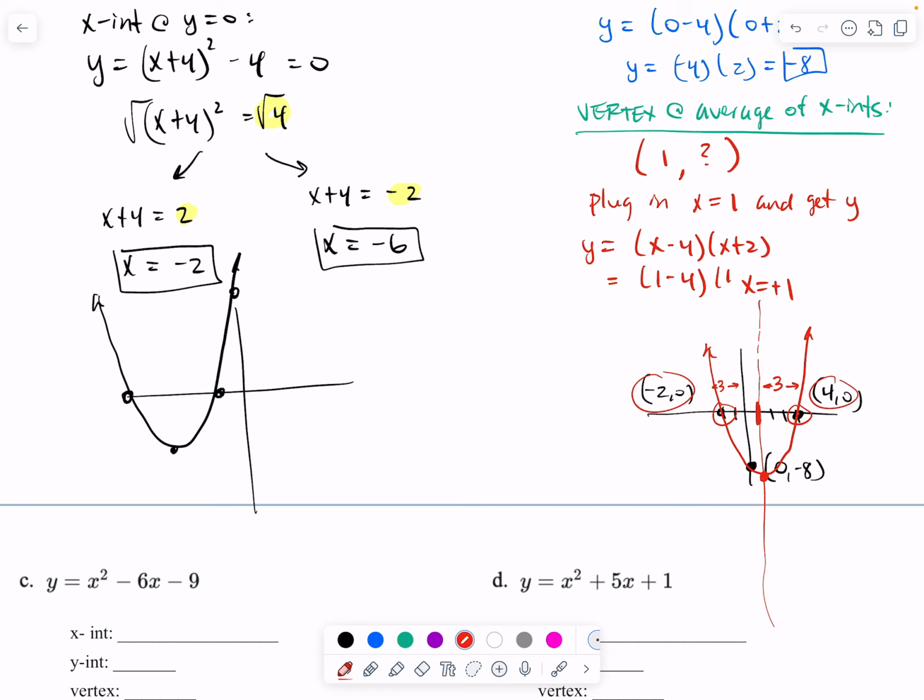And I'm running out of space here, so let's move this. And so this is going to be equal to -3 times 3, which is equal to -9. So that's the y-coordinate of my vertex. So this answers the question here. When x is 1, y is -9.